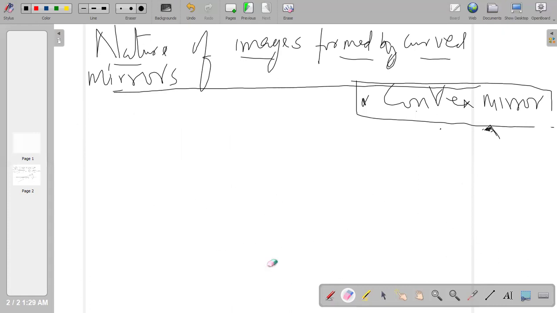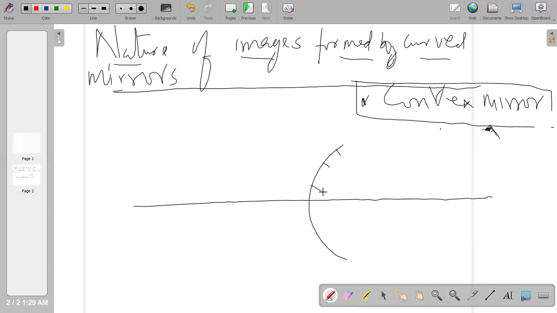Here is an example of a convex mirror. For a convex mirror, whatever the position of the object, the image formed has the same nature: diminished, erect, virtual.